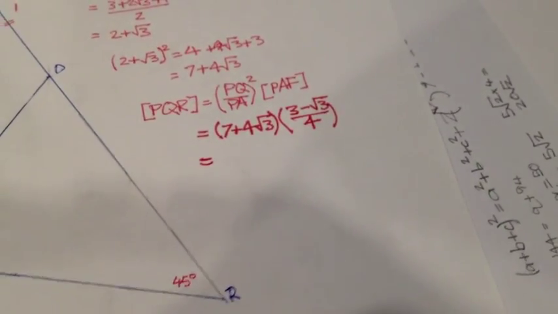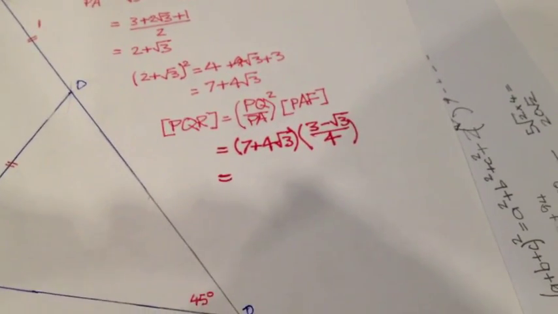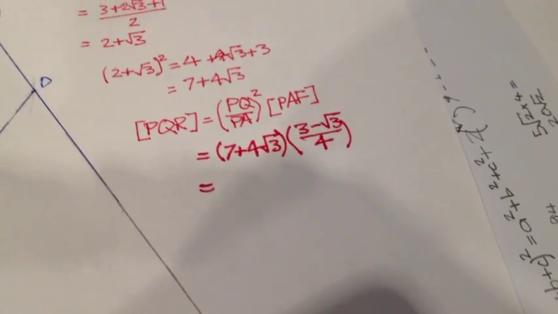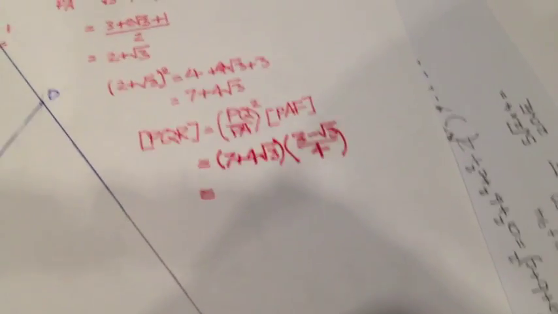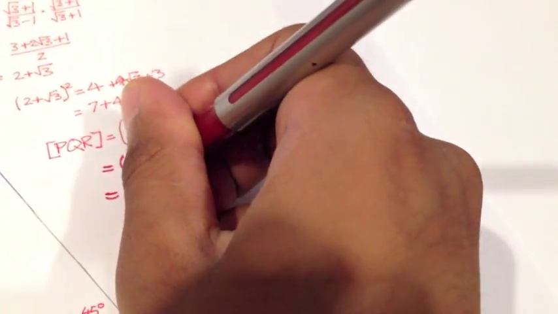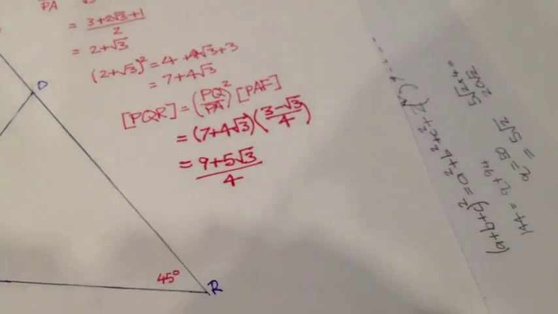And you can do the math, and I'm not going to show that because it's not too hard to do. You can do it using the FOIL technique, but the answer will come out to be 9 plus 5 √3 over 4. And this is the area of PQR.